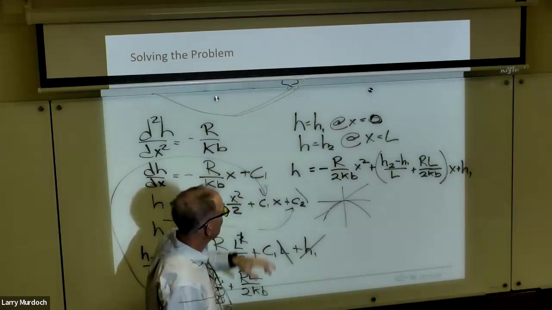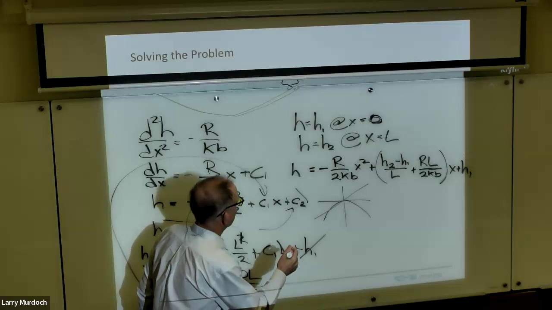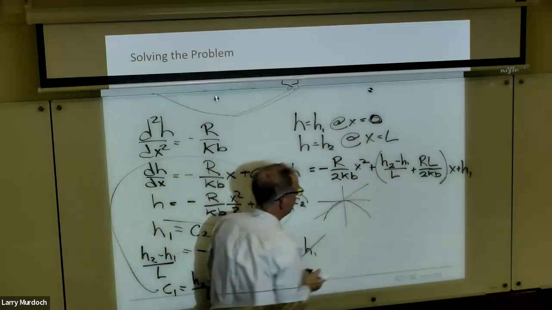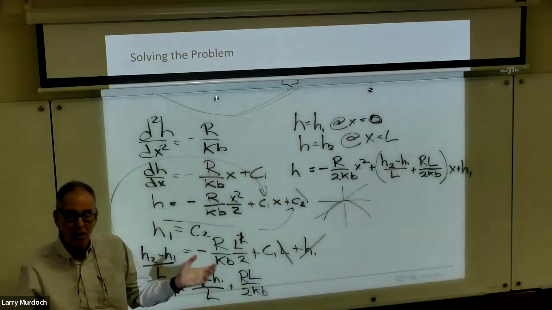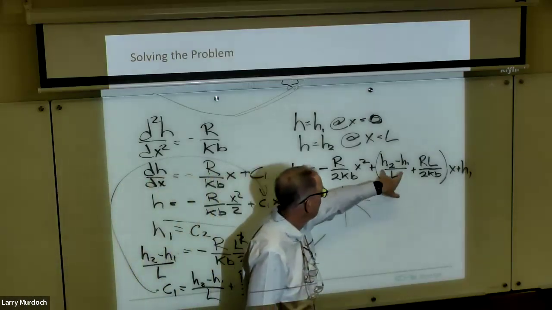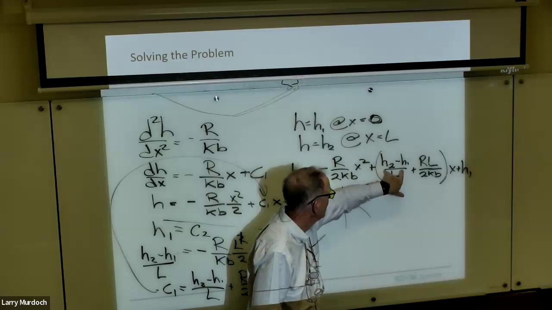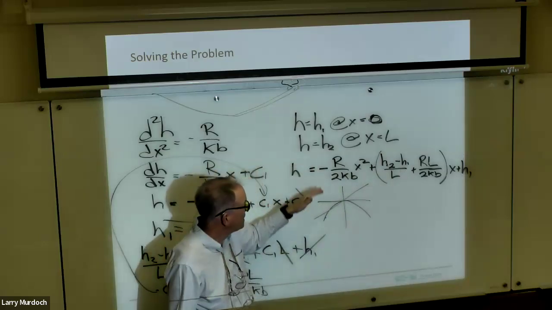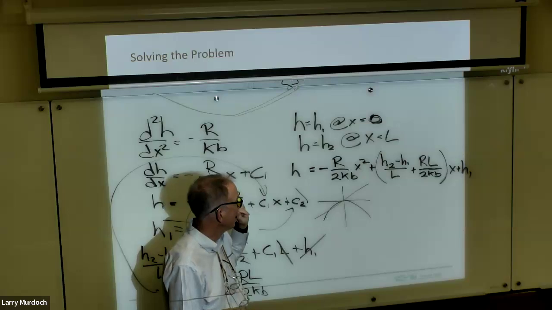Okay, well, remember with this problem, what we have is that the heads on the two ends are different from each other. And that's this term here. So this is what's tipping it.